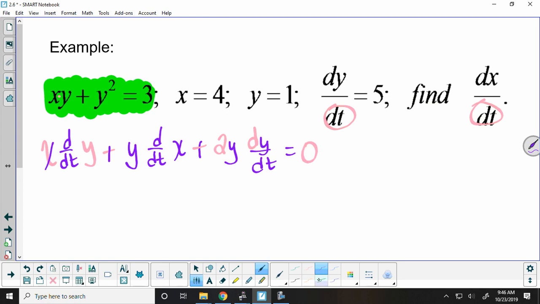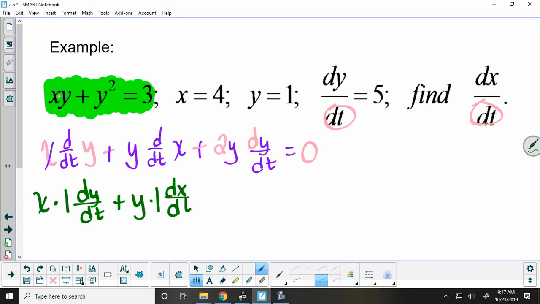So what is the derivative of y? 1 dy over dt. Plus, what's the derivative of x? 1 dx over dt plus 2y dy over dt is equal to 0.